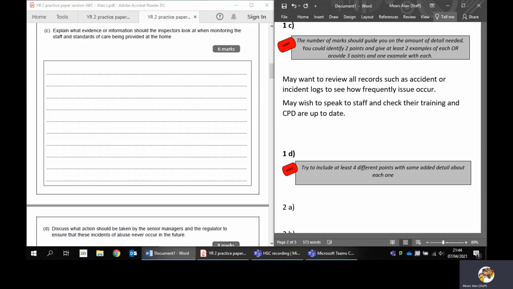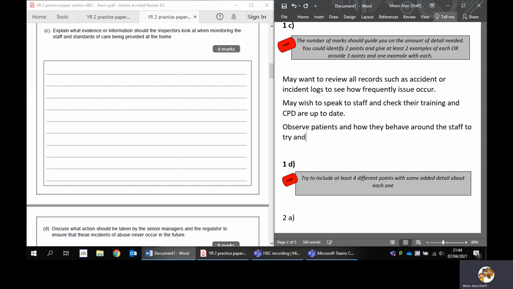They may want to observe patients and how they behave around staff, to try and spot any signs or issues. So again, they want to observe the patients.